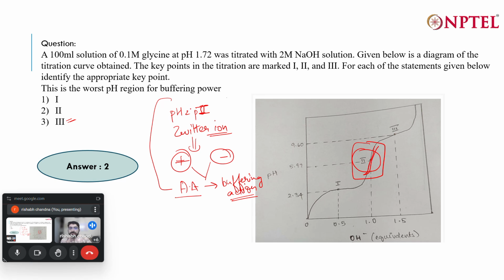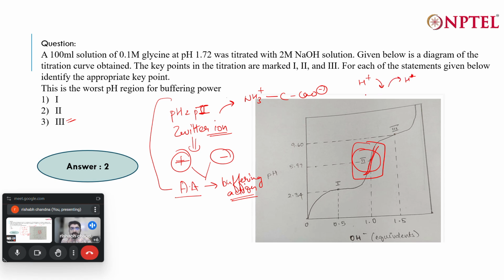At that particular point, it has both NH3 plus and COO negative. For any molecule to perform its buffering action, it could either accept the H plus or donate it.